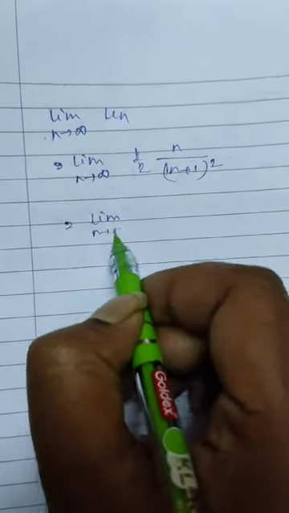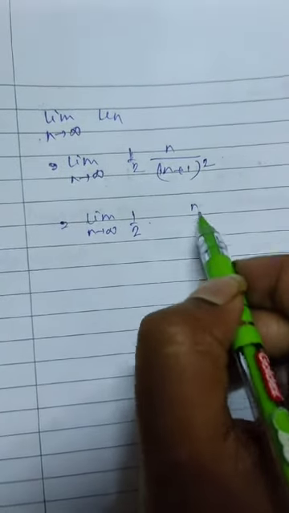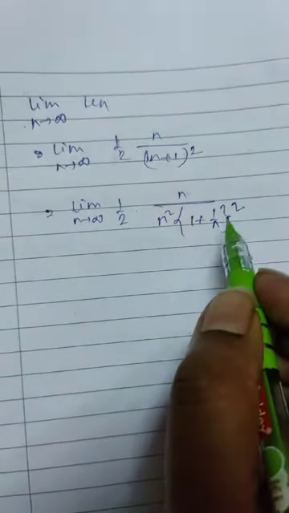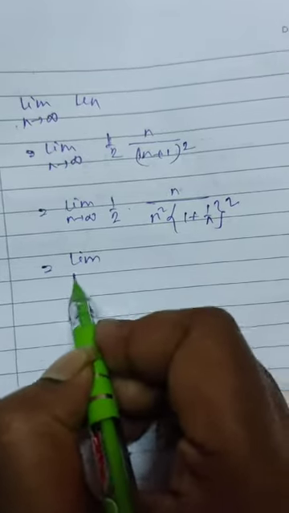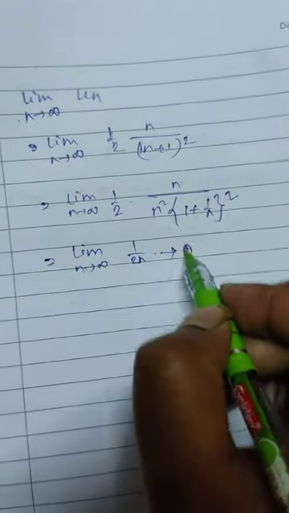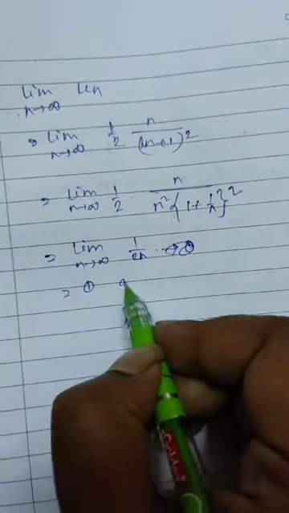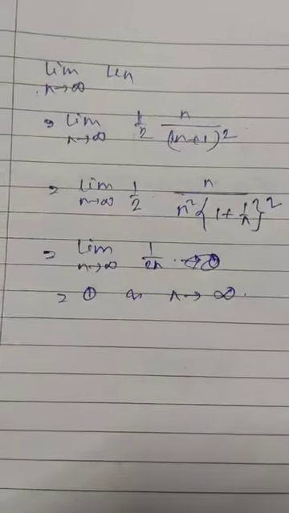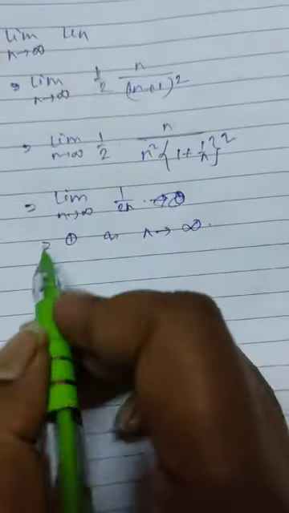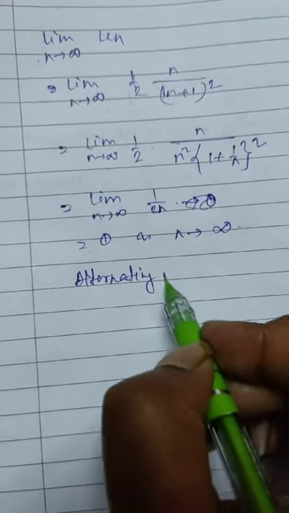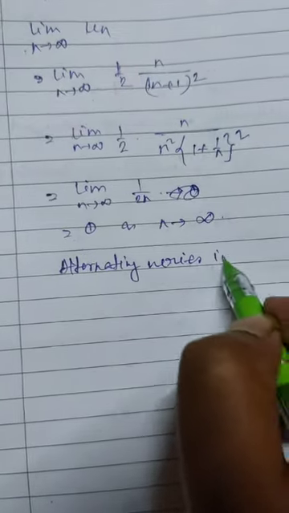And from here we can write it as the limit of half of n divided by n square (1 plus 1 by n) whole square. And from here, as n tends to infinity, we get the limit of 1 by 2n, which also tends to 0. So this is equal to 0 as n tends to infinity. So our third condition of the Leibniz theorem is satisfied, and now we can say that the given alternating series is convergent.